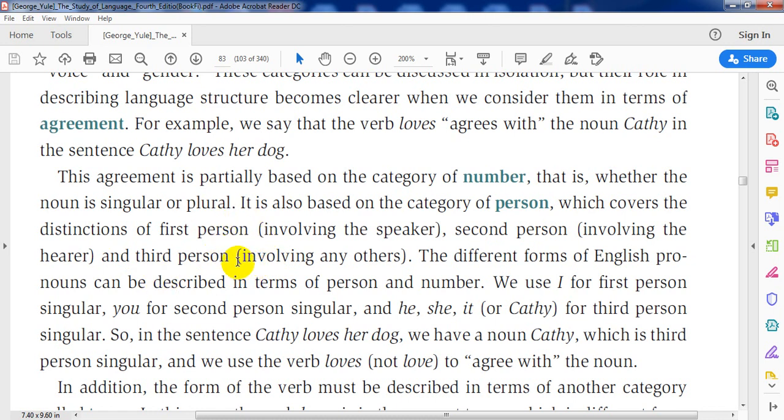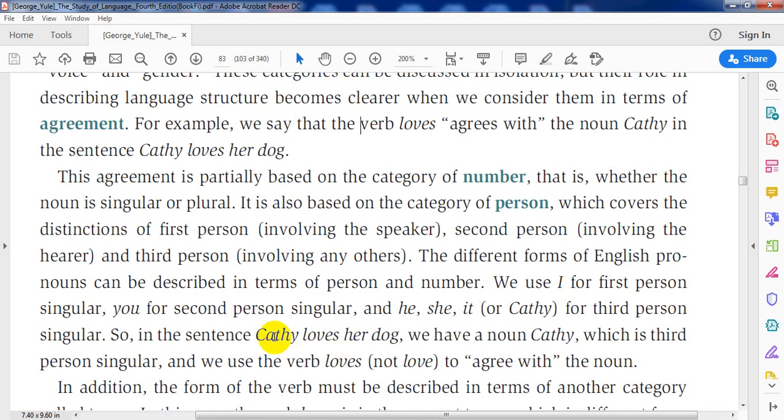So we have agreement within the English sentence. For example, when I say Kathy loves chocolate, Kathy can be replaced by the pronoun she. So, she loves chocolate. Or maybe here, Kathy loves her dog. It's different from I love, without this s.